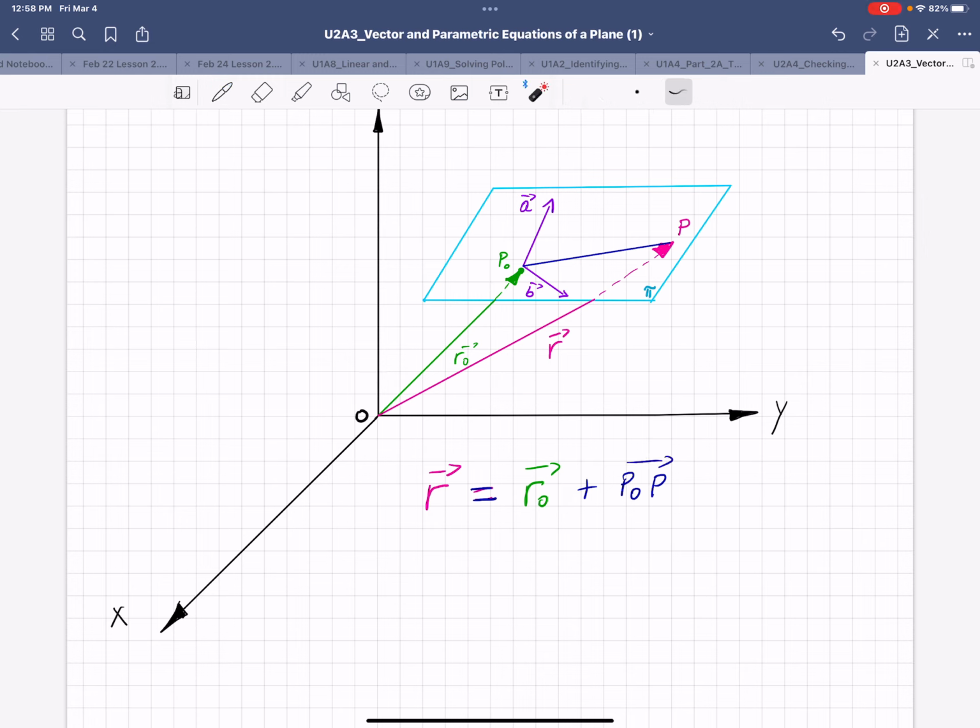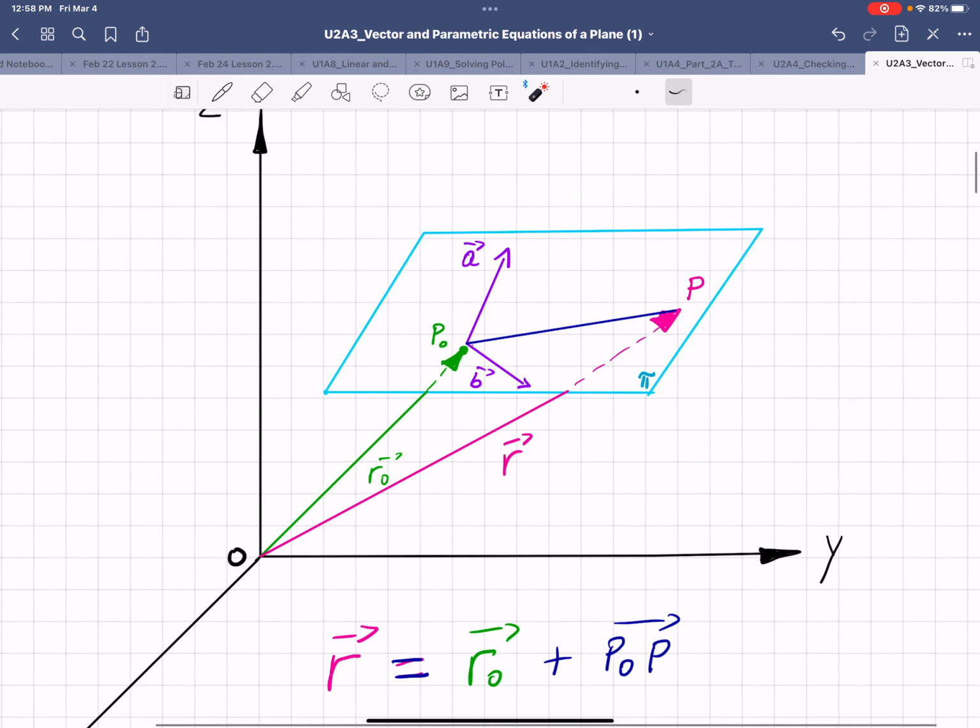Now we're going to take a closer look at vector P0P. Vector P0P is a vector on the plane, and any vector in 2D can be expressed as the sum of two other vectors that are on the plane.